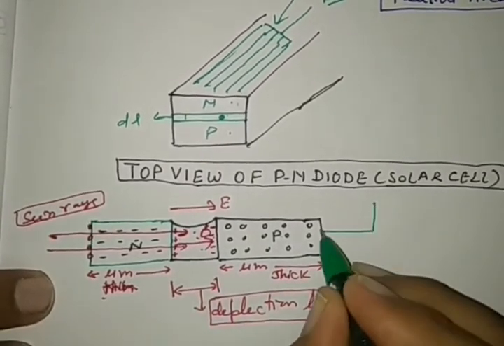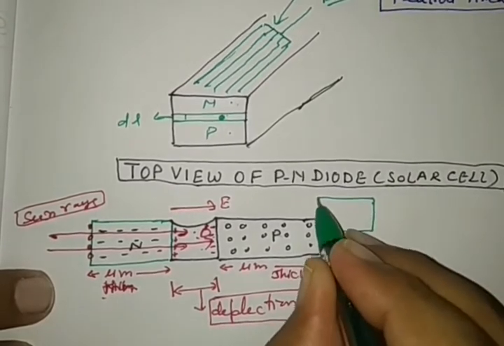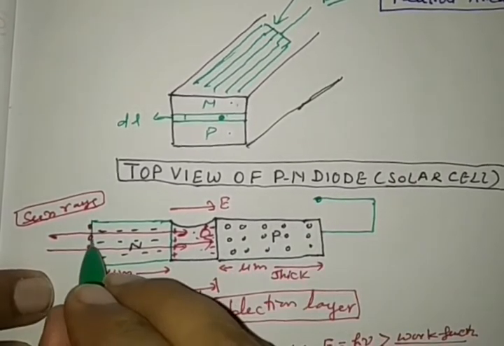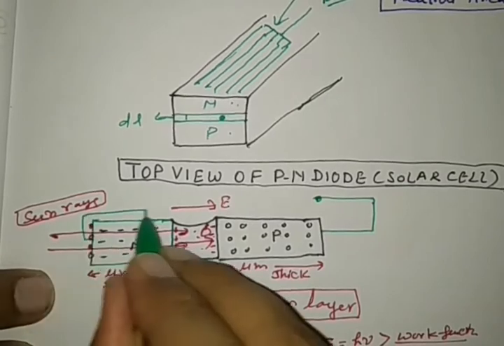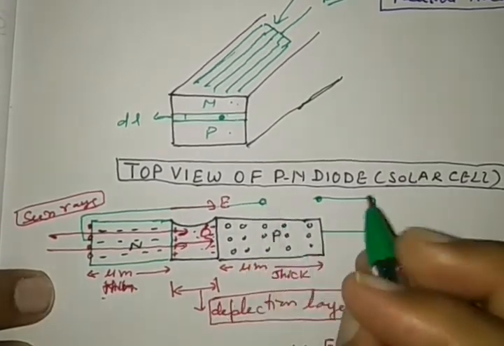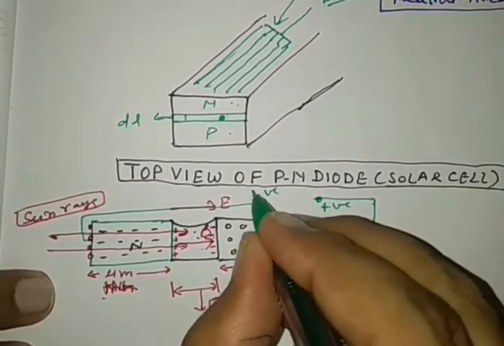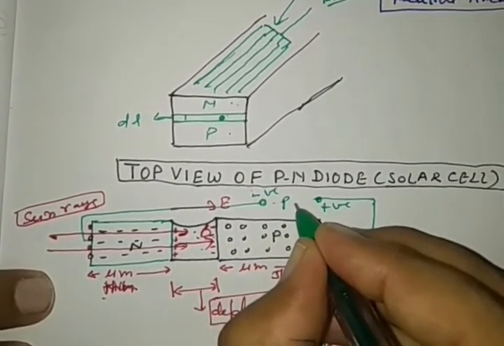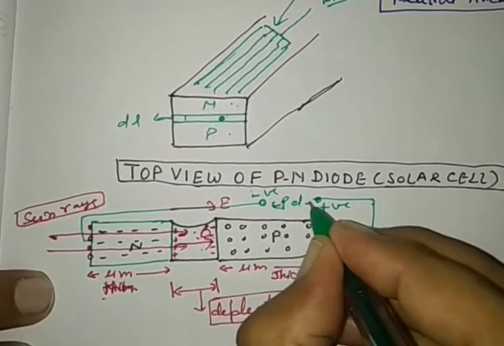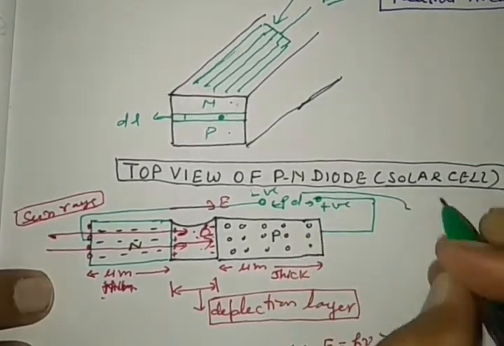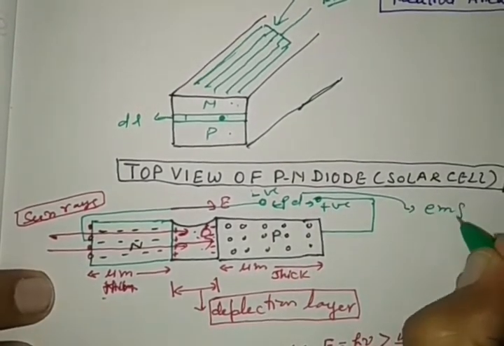When we take a conductor wire from here, and another conductor wire from there, see, a positive potential is set up here and negative there. A potential difference is set up, and this potential difference is called EMF.